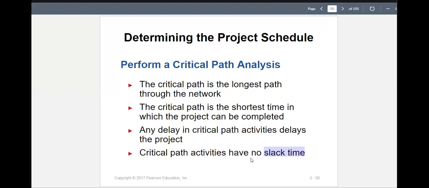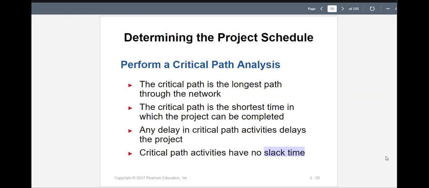Critical activities are activities that don't have any flexibility. If we have delays on those, if we don't complete those tasks on time, the whole project will be delayed. So they don't have flexibility, they don't have slack time, right? We call them critical activities. And the path through these critical activities is called the critical path.